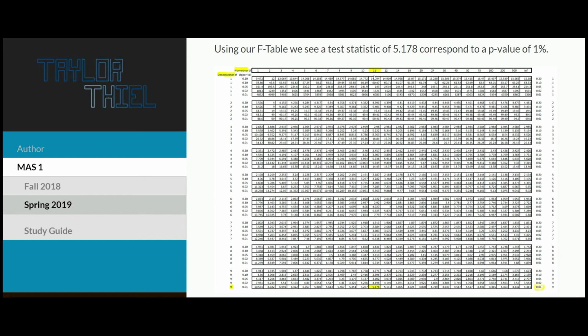So we have 11 degrees of freedom here for the numerator, and then we go down, we have 9 degrees of freedom for the denominator, and then there's all these values here that we could pick, and these are based off of what is your p-value or alpha level. So here we want to select 0.01 because we're told our test statistic resulted in a perfect 1% p-value, and so all of those line up to this cell, and that cell is going to be 5.178.